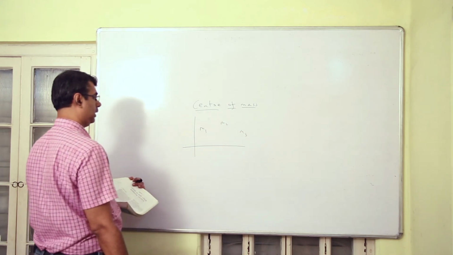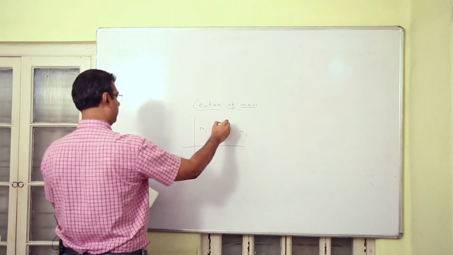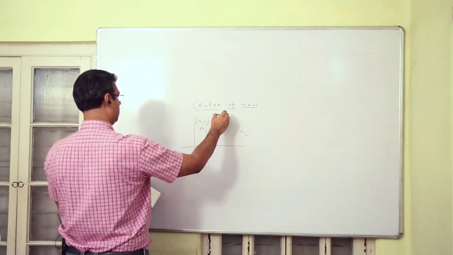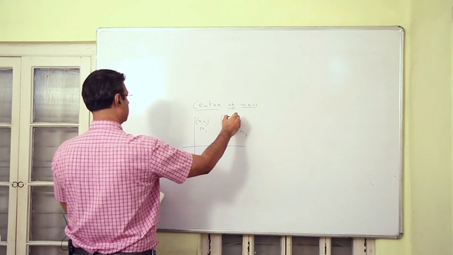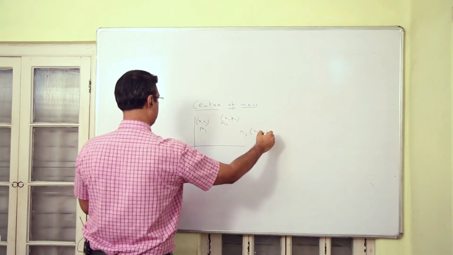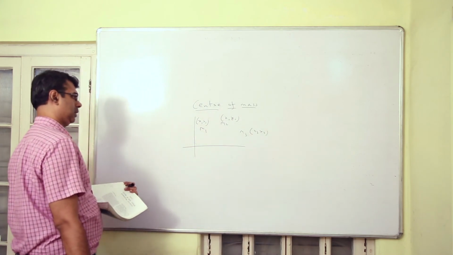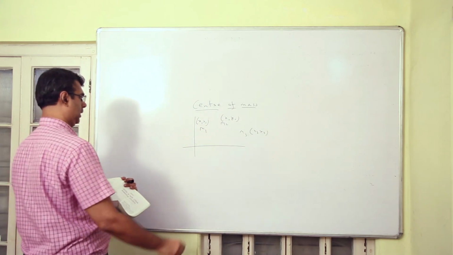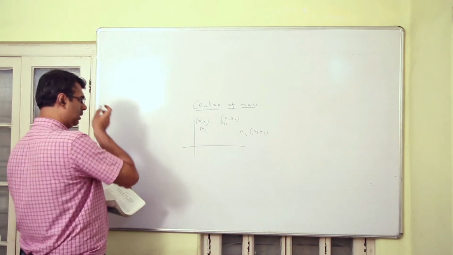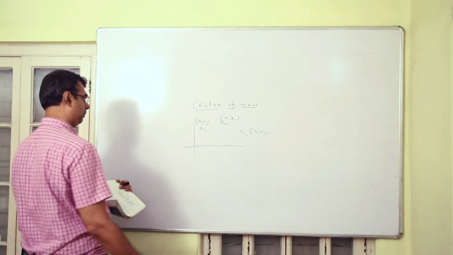Let us say their masses are m1, m2, m3, and they are at certain positions whose coordinates are x1, y1, x2, y2 and x3, y3. So there are three masses m1, m2, m3, and their coordinates are x1, y1, x2, y2 and x3, y3.